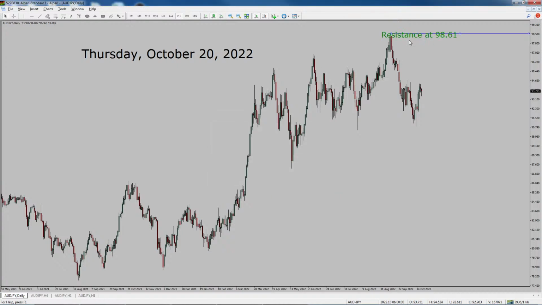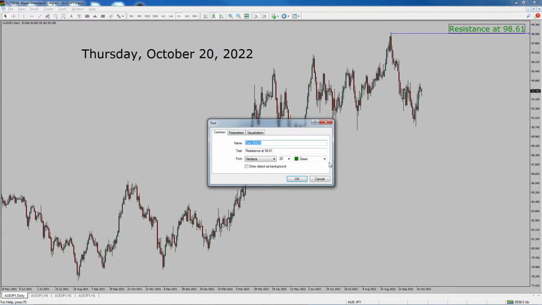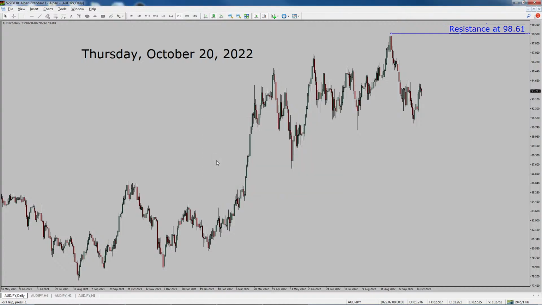So we got the resistance at 98.61, and price should not break it, and if it does, then there is something else going on and we need to reanalyze the price chart.